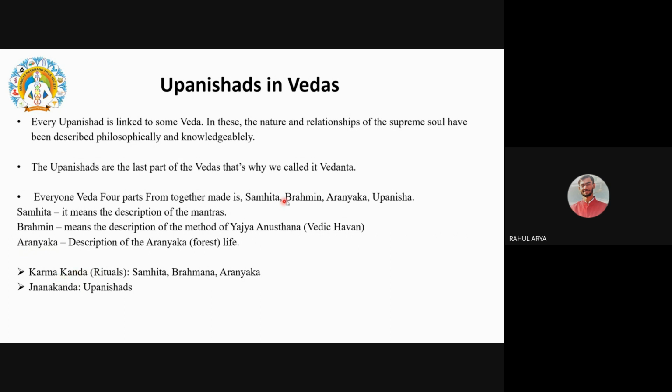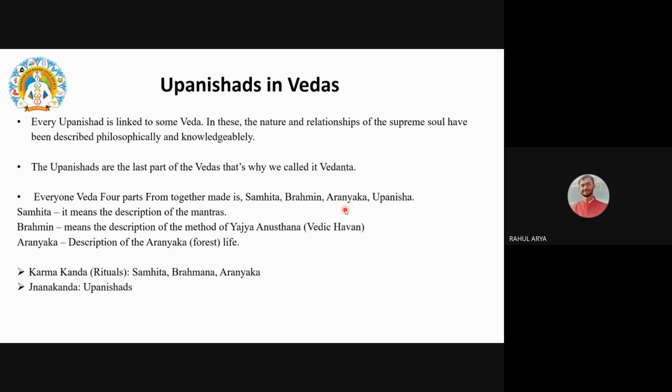So the Vedas are divided into four parts: Samhita, Brahmin, Aranyak, and Upanishad. Samhita means the collections of mantras. Brahmin has the knowledge about yajna anusthana, describing the types of yajna and the methods to follow.